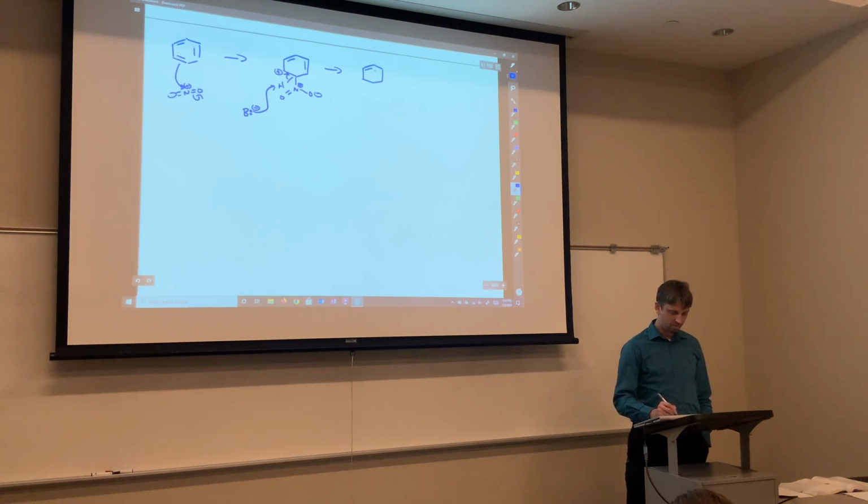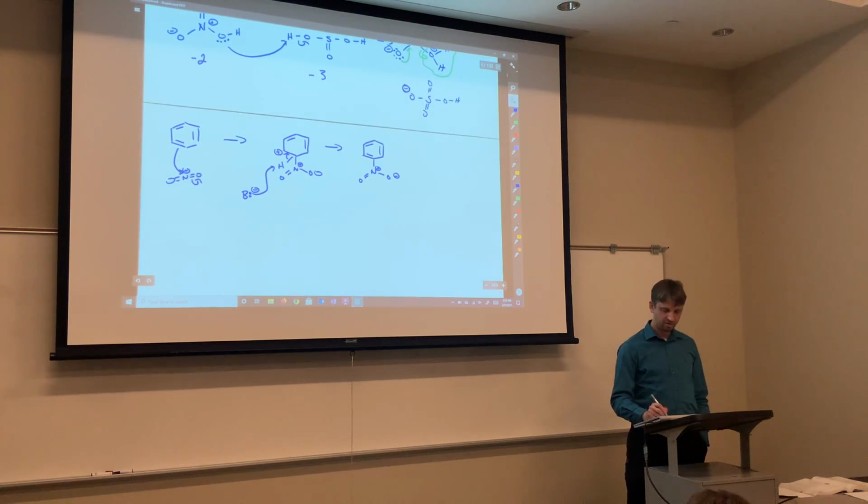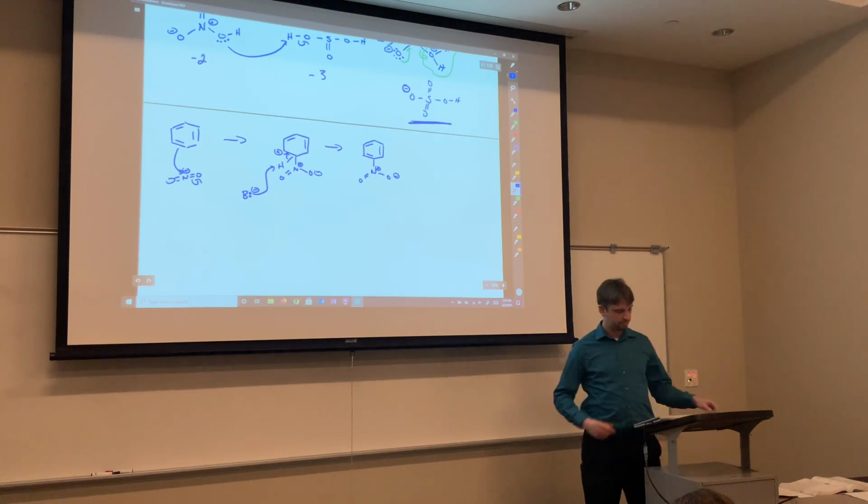Might be the water, it could be the conjugate base, hydrogen sulfate. Not hydrogen sulfide. So this might be our base there. Good?